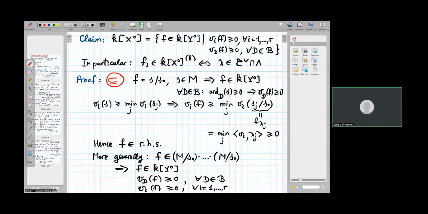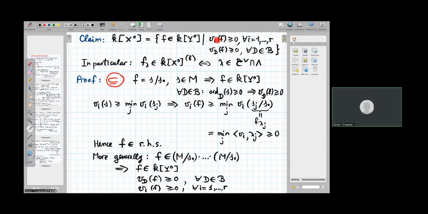well, this is a bit more tricky. I would say you can deduce this inequality for any v in C intersected with big V, from these inequalities, if your function f is B semi-invariant.